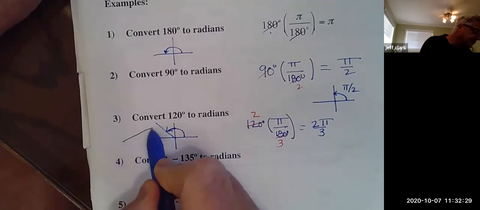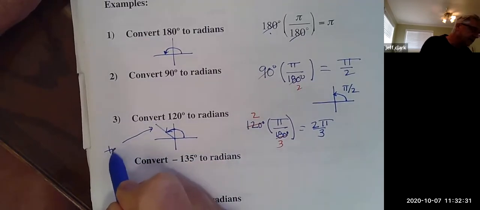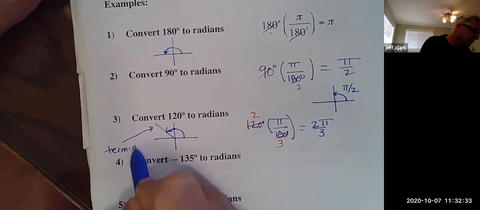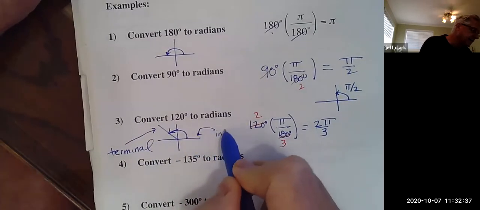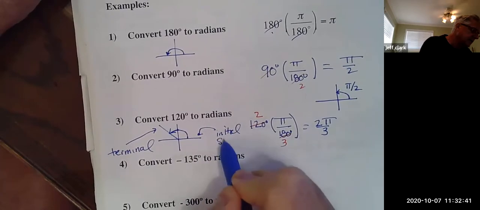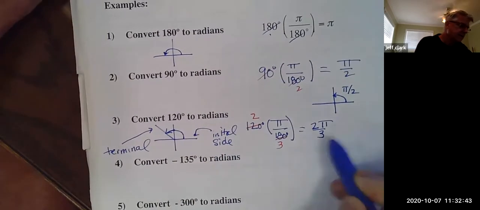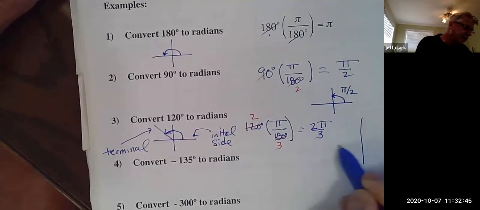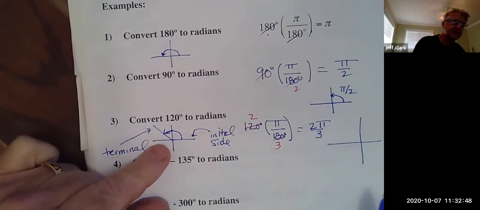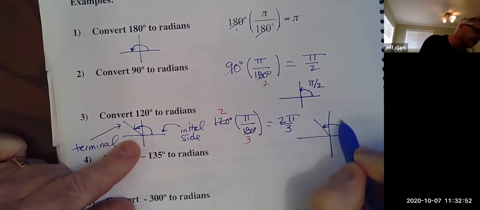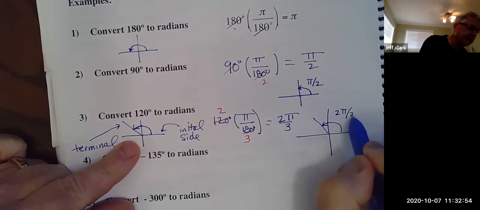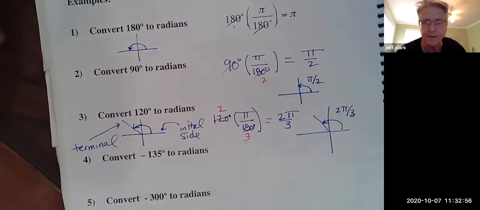This is called the terminal side. And this is the initial side. So the radian measurement is in the same position as this. So right about there, that's 2 pi divided by 3.